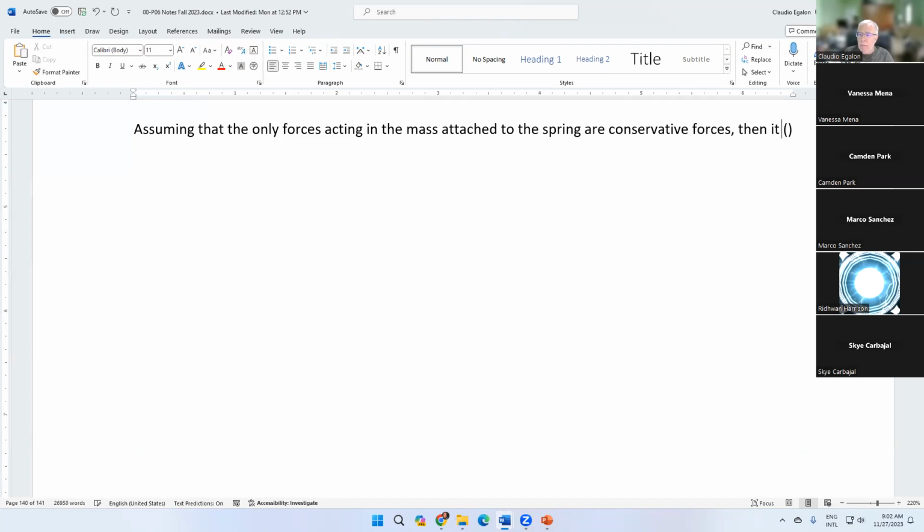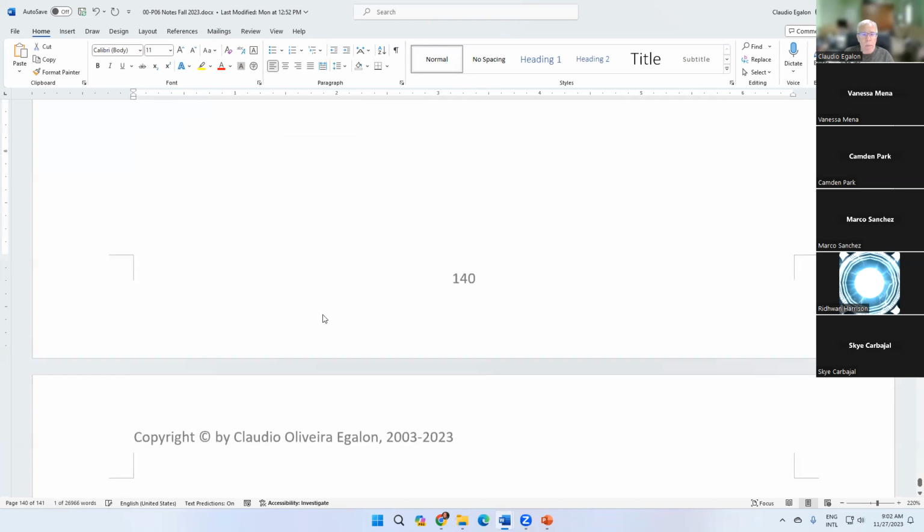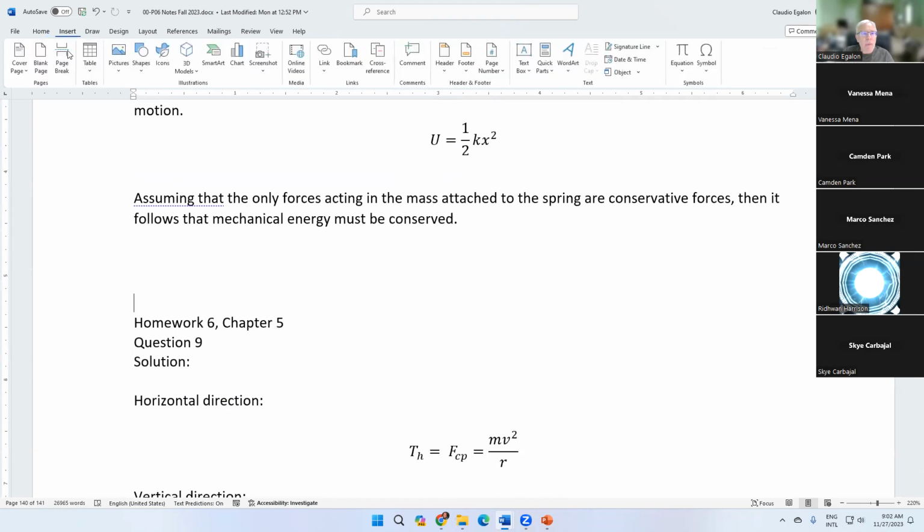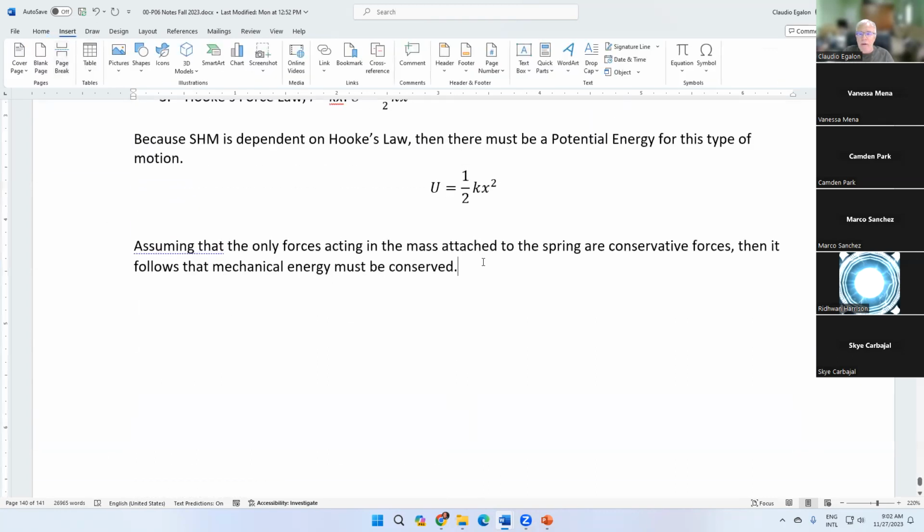then it follows that mechanical energy must be conserved. Mechanical energy in this case is going to be kinetic energy plus potential energy: half mv squared plus half kx squared.